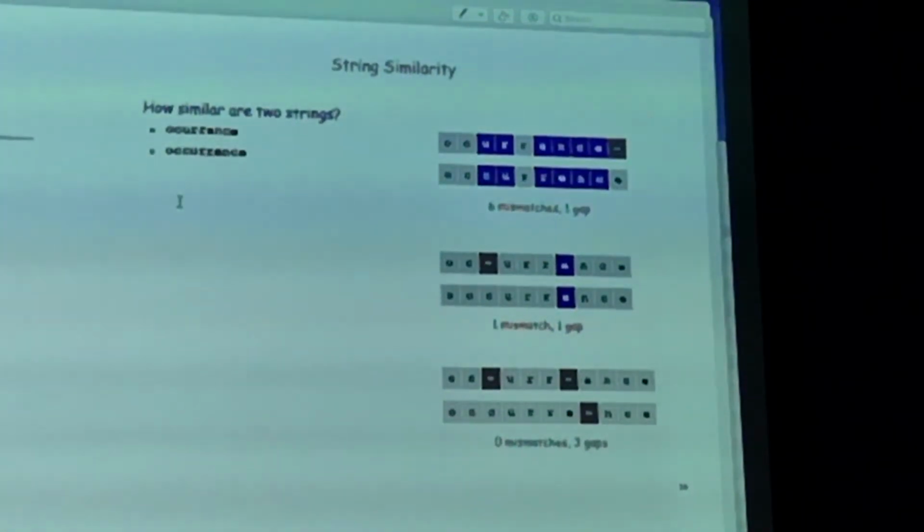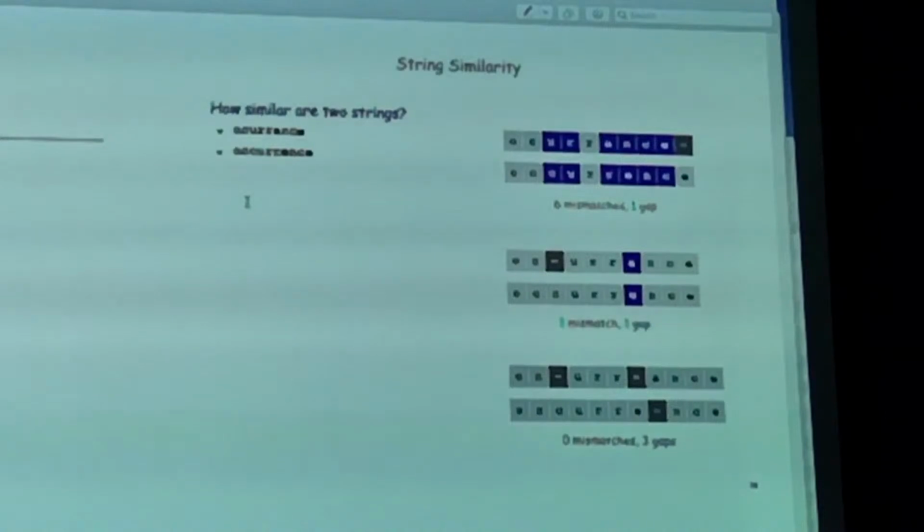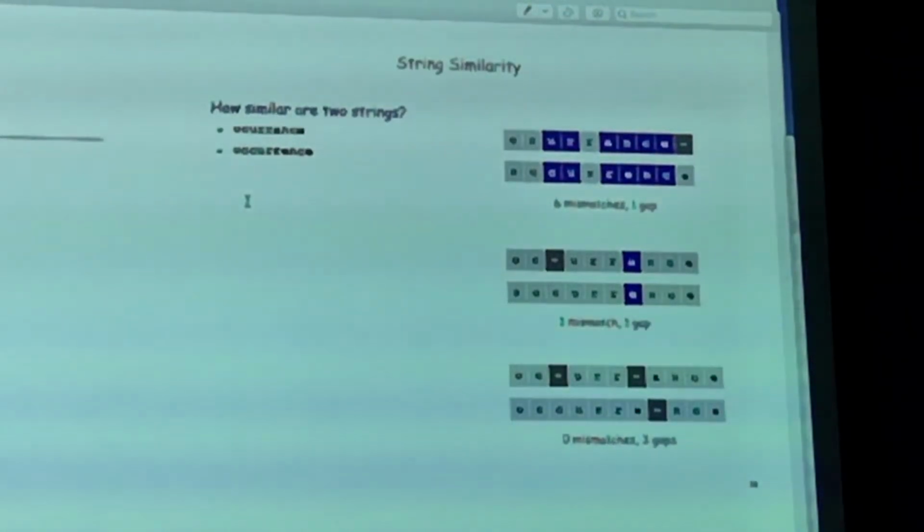You are trying to type occurrence, and let's say you don't know the spelling. You make up some spelling, and now it needs to figure out that maybe you were trying to say occurrence. So this tells you how it would try to figure that out.